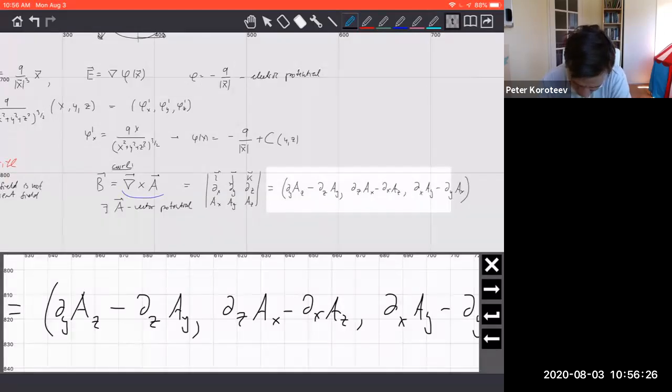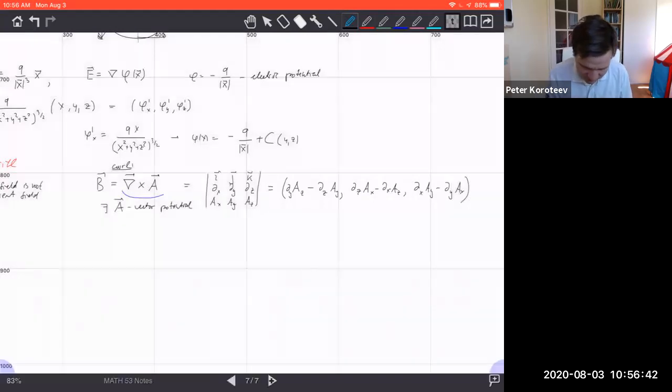So the magnetic field becomes equal to this expression.